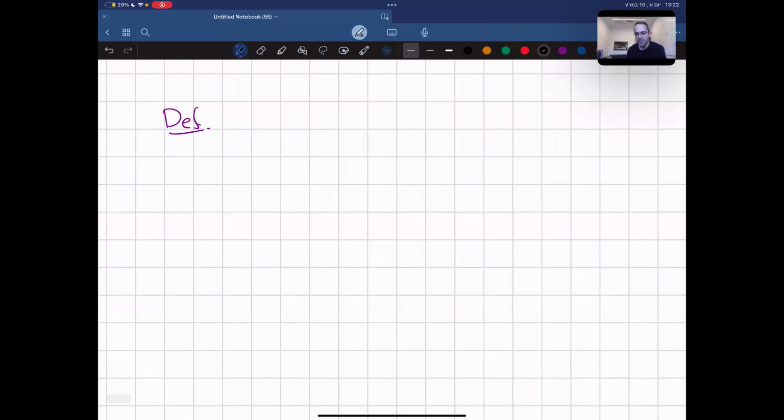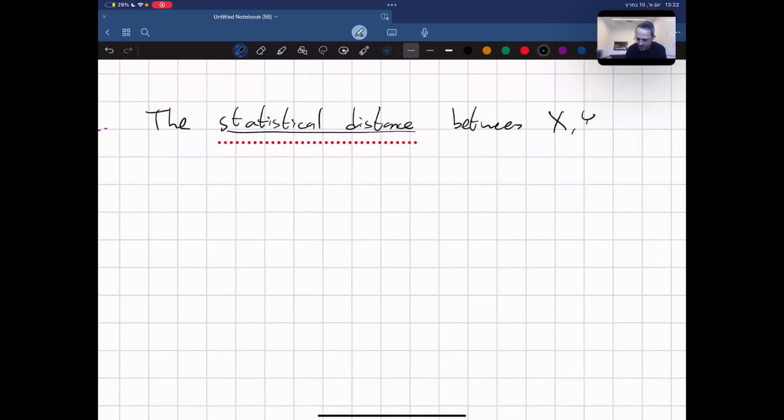If you have two variables, or really distributions, the statistical distance between two variables X and Y is denoted by SD(X,Y), and it's called statistical distance because you're going to perform statistical tests in order to distinguish X from Y, and based on your success, that's going to be the distance.